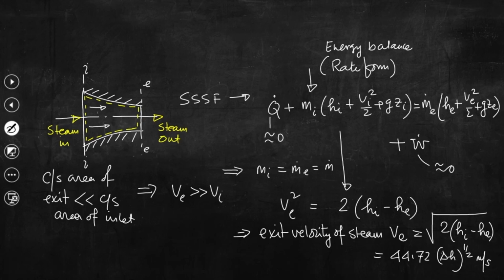So, what we can understand is that if we utilize one nozzle to have the pressure drop from boiler pressure to the condenser pressure... Basically, we have studied in the impulse turbine that there is no pressure drop when steam flows through the passage between the blades. So, the total pressure drop takes place inside the nozzle only.